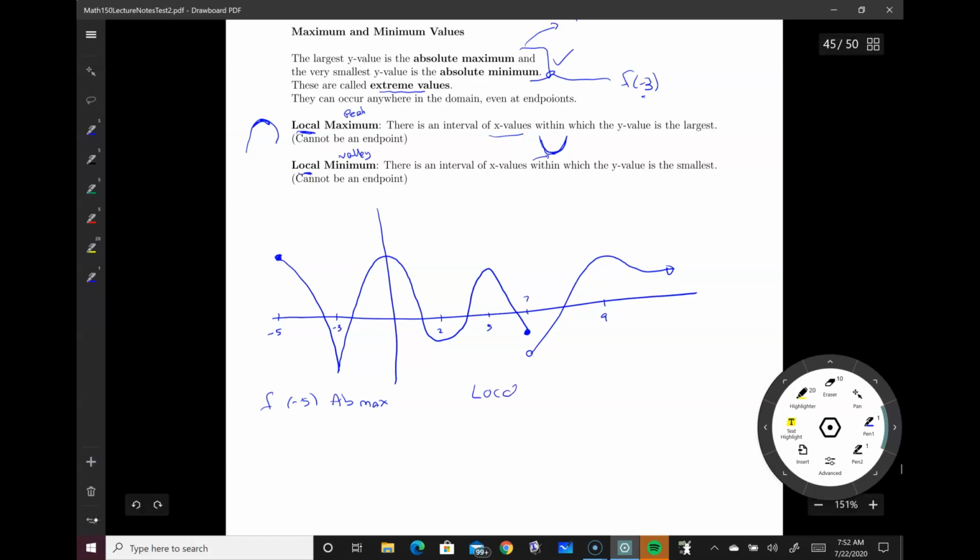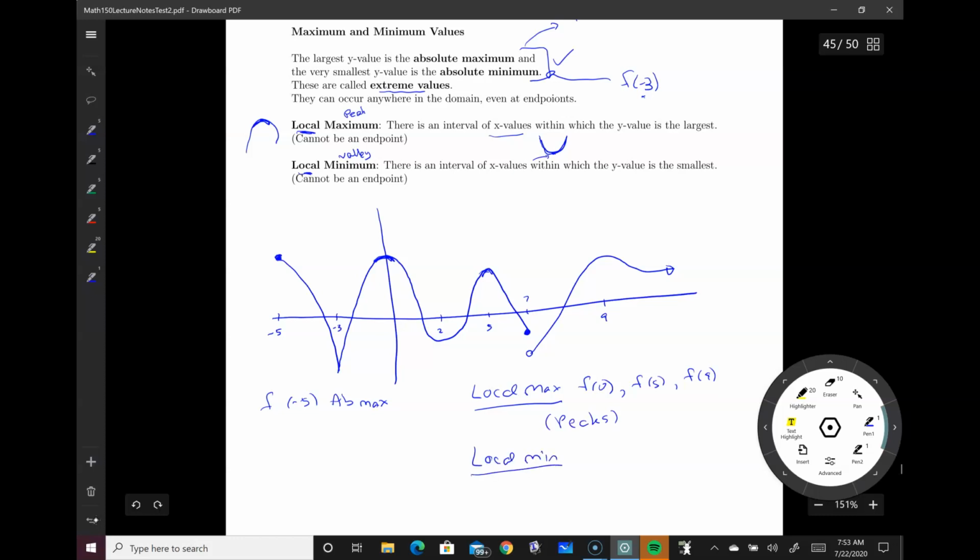Look at this point right here at f of 0, there's a region around where that's the highest y value. This right here at f of 5, there's a region around where that's the highest y value. And then also f of 9. These are all peaks. You want to think of them as peaks.